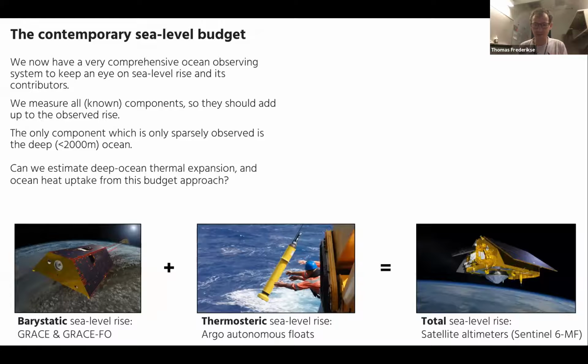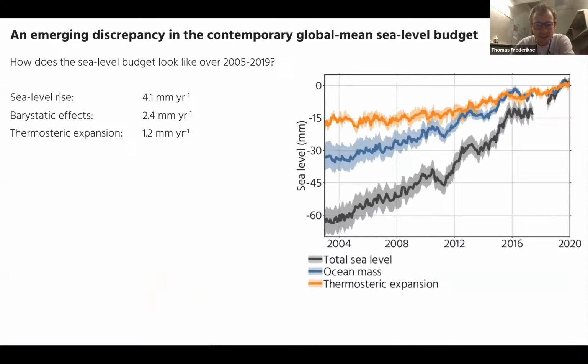If you take total sea level rise and subtract barystatic sea level rise, you should get thermosteric sea level rise over the full ocean depth. And if you then know what happens in the upper 2,000 meters, the residual should be what happens in the deep ocean. But that didn't really work out, as I will show here.